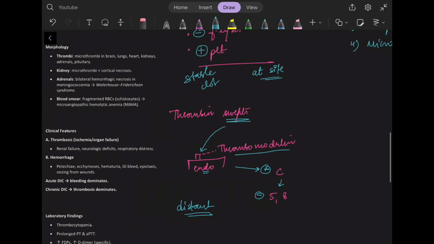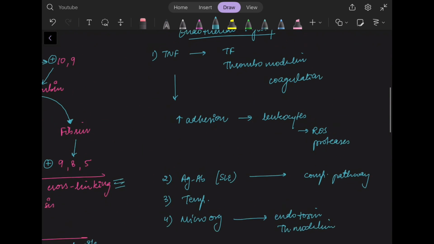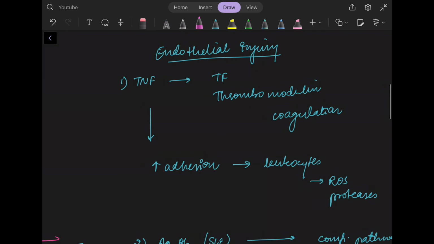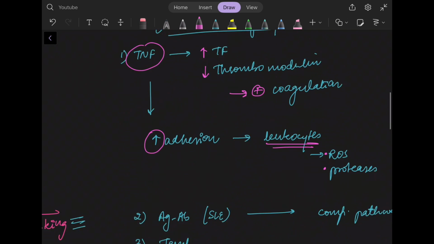Now, at the site of endothelial injury, TNF or tumor necrosis factor is released, which increases the expression of tissue factor and decreases the expression of thrombomodulin, thus leading to coagulation. This increases the adhesion of leukocytes on endothelium, which then release reactive oxygen species and proteases.